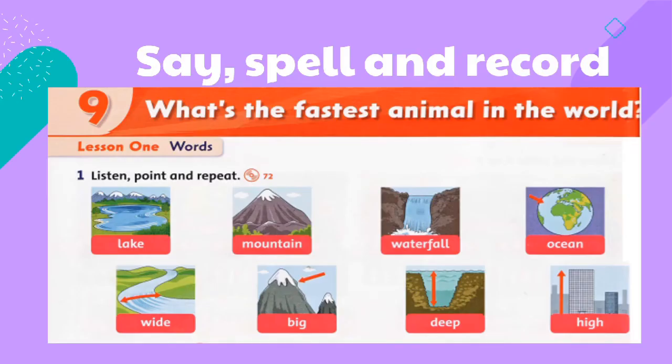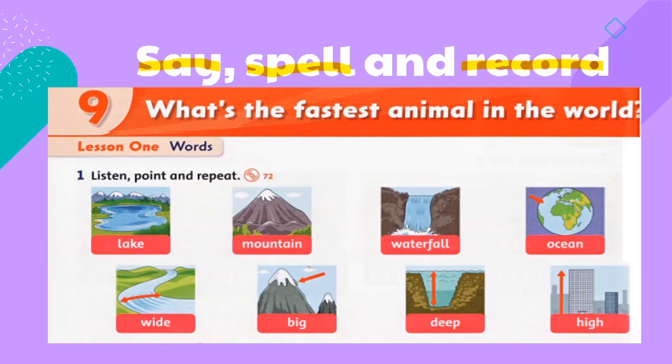So now, after you listen, point, and repeat, it's time for you to say the words, to spell the words, and to record yourself, because I cannot meet you. That means you have to record yourself, and I will assess it.